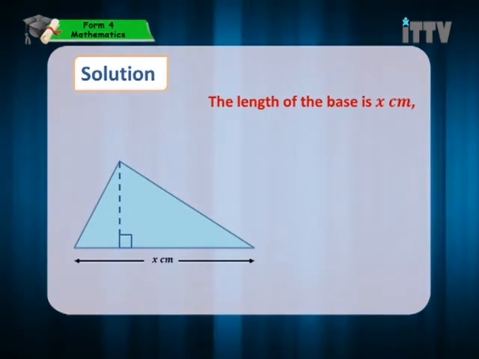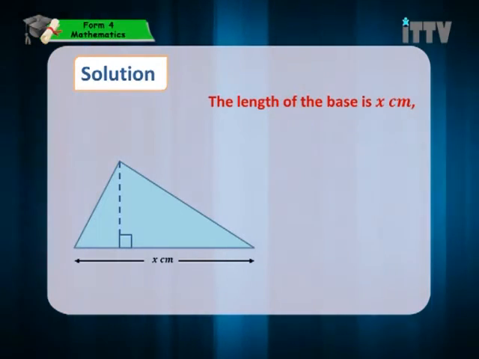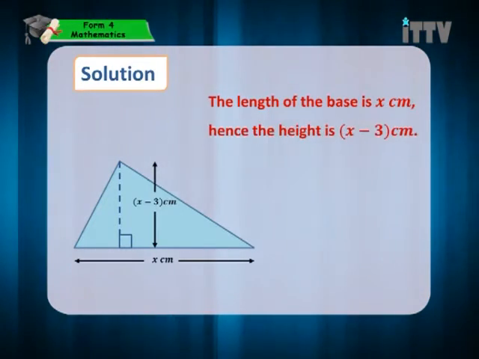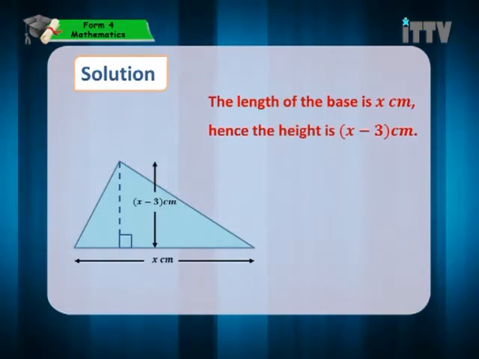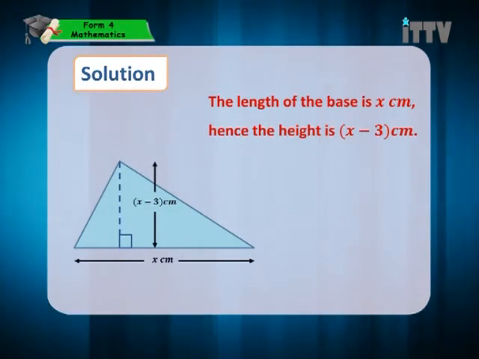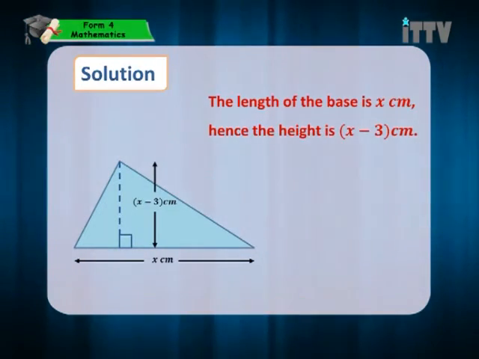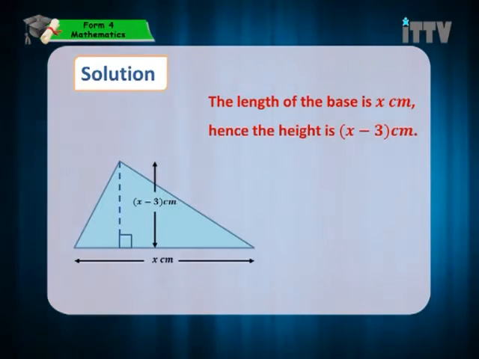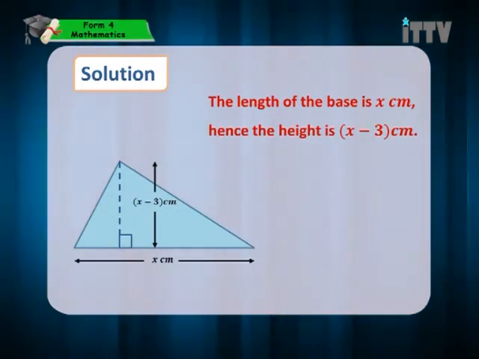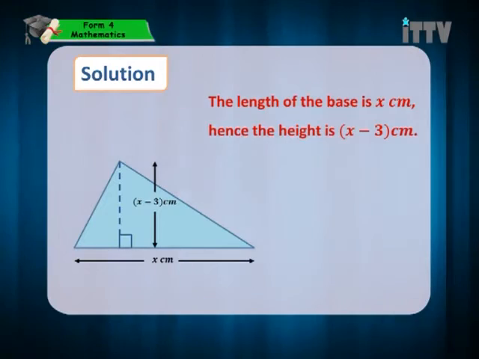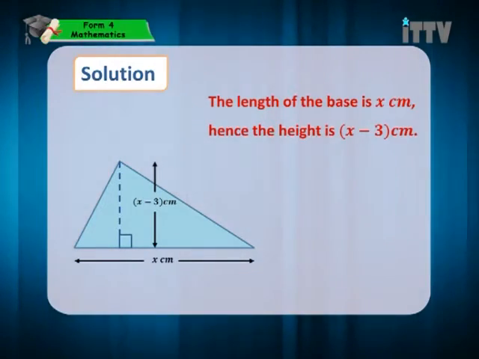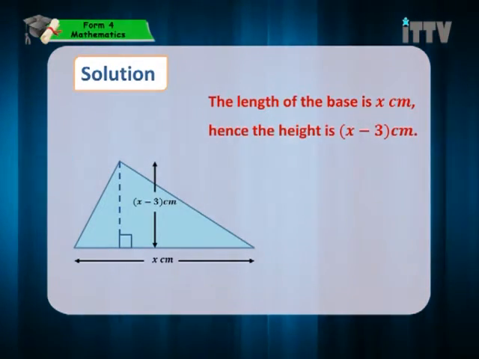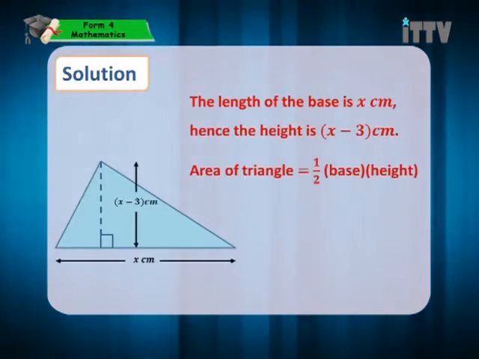Do we know what x is? No. So it remains an unknown and a variable. Next, what else do we know from the given information? The height. Since the height is 3 centimeters shorter than the base, put it logically in operations, it is x minus 3 centimeters.